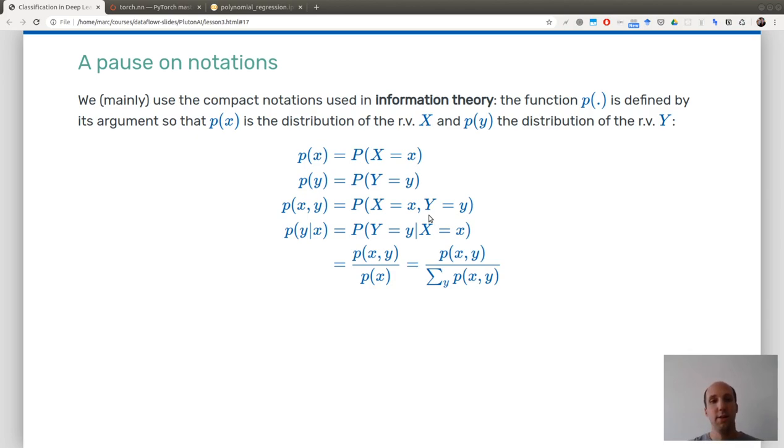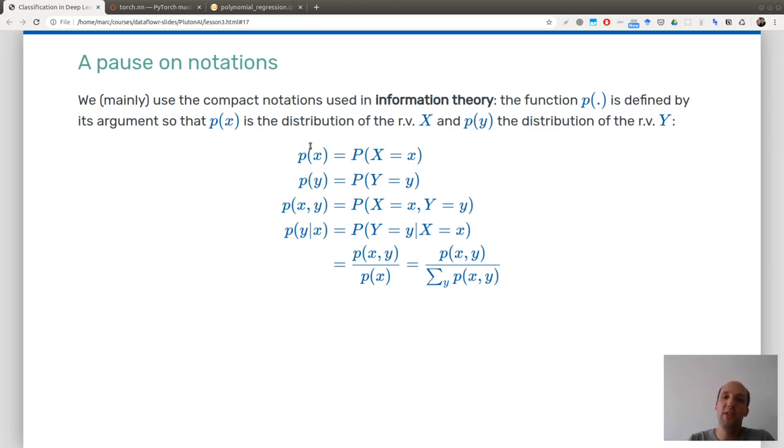So here, I'm making a small pause on notations, because we are using notations which were developed first by people in information theory, and which are not the default notations if you follow a probability course, for example. What is a bit puzzling at first is that a function is defined by its argument.